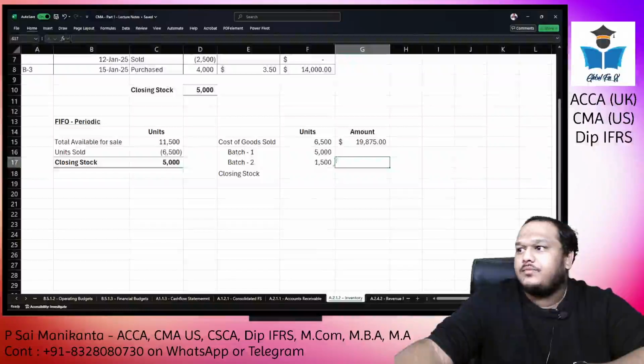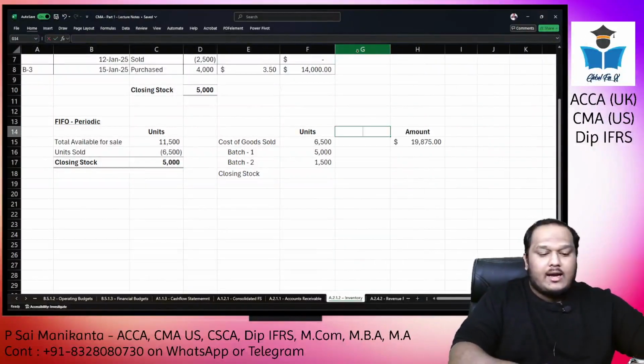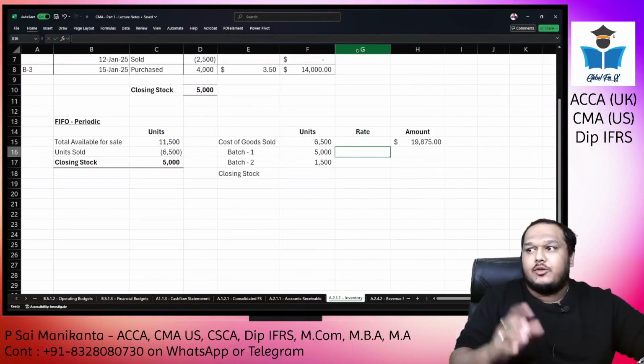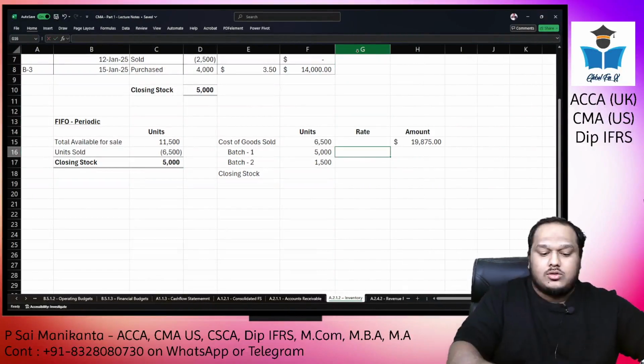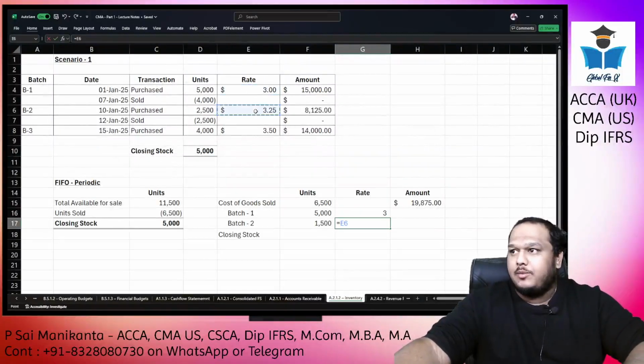All right. So if I also take the rate here, then I can do it like this, because now I have the batches bifurcated for you. I can take the totals also. So for batch 1 the rate is 3, for batch 2 the rate is 3.25.